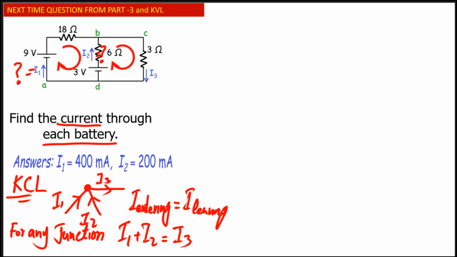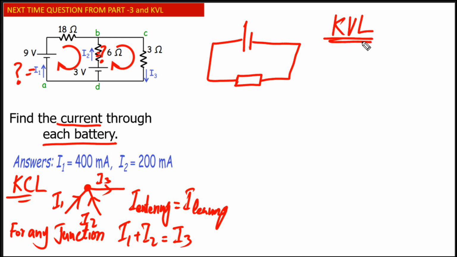Next, let's try to understand what KVL is. For KVL, let's say we have this simple circuit, and this is our resistor here. According to KVL, in any loop, delta V has to be equal to 0.